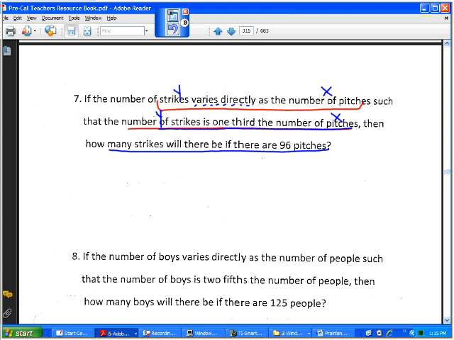What if we wrote an equation just with that? What would we have? Y equals 1/3 the number of pitches, x. Well, the 1/3 is like in the slope position. We also call that the constant of variation.